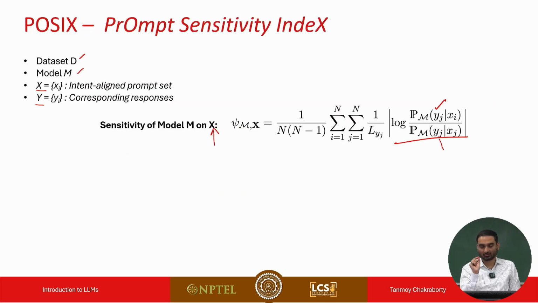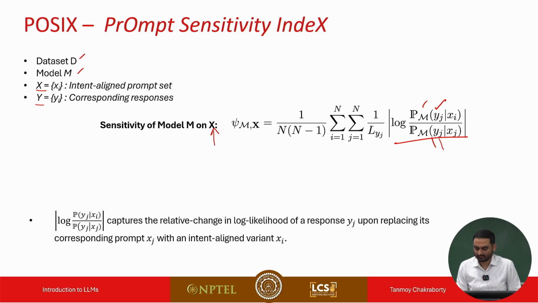You fix Y, you look at the two variations of the prompt, you measure the probability and you take the ratio, and we expect that if they are the same, it means that the model is robust, is less sensitive. And this quantity is normalized by the length of the response, and you have all possible pairs.